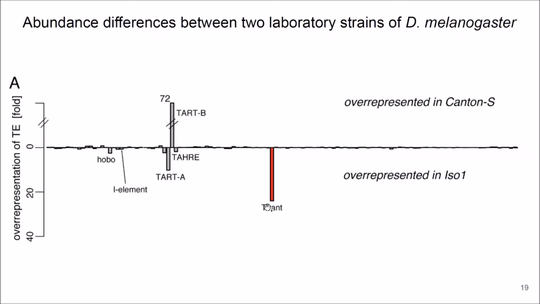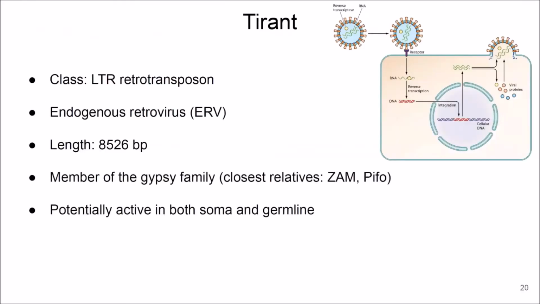And there is one other transposable element which has a striking abundance difference between these 2 strains, and this TE is called Tirant. And Tirant will be what we will be looking at in this part of the talk mostly. So Tirant is an LTR retrotransposon, which is different to all the other 3 TEs that we talked about before. The P element and hobo both are DNA transposons, and the I element is a non-LTR retrotransposon.